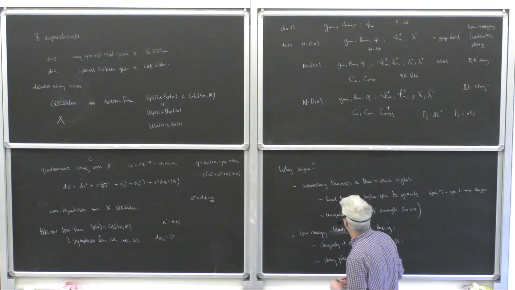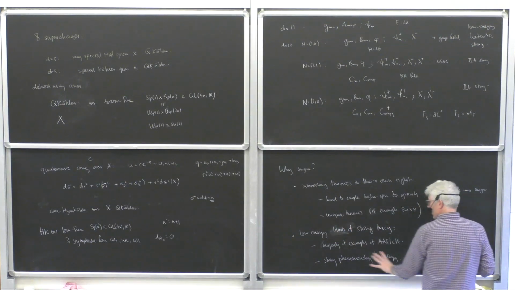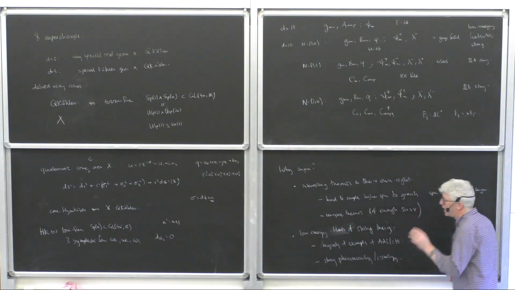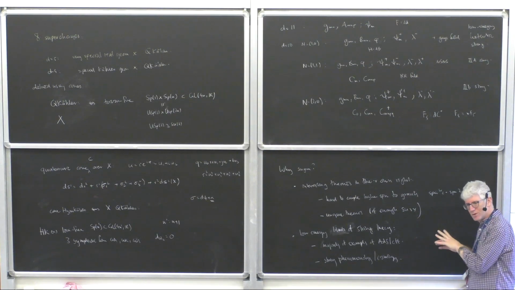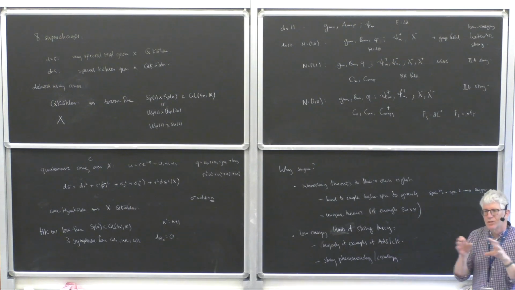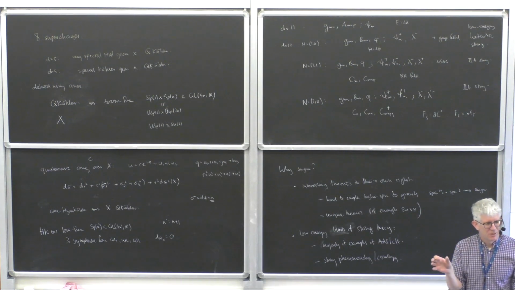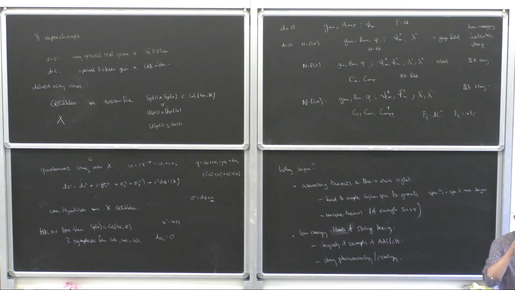Okay, so motivated by this, something you might in particular be interested in is particular solutions of the supergravity theory that preserve some number of supersymmetries. That's the analog of having a solution of Einstein's theory that preserves some isometries.